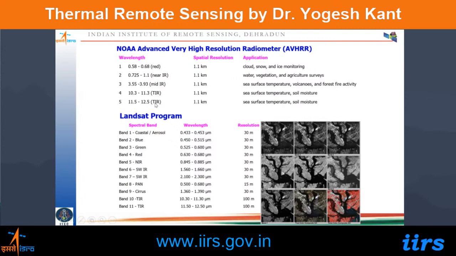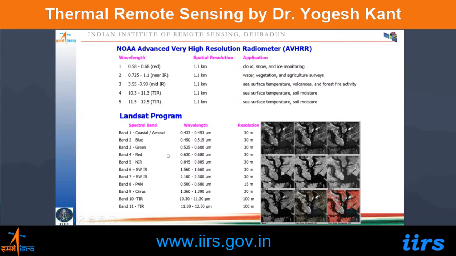Using these two wave bands, with the split window technique, we can calculate the actual surface temperature. So that's the concept. Landsat also: till Landsat 7 we had one thermal channel, but now on Landsat 8 we have two thermal channels. So we can use the same split window on Landsat 8.